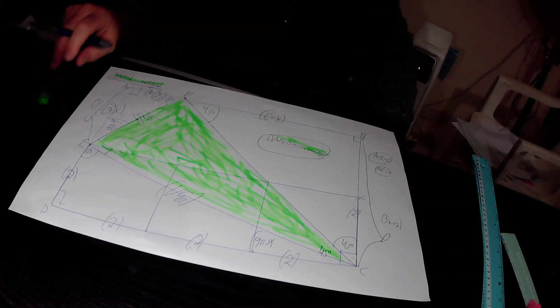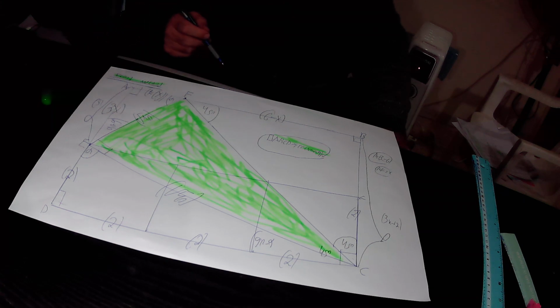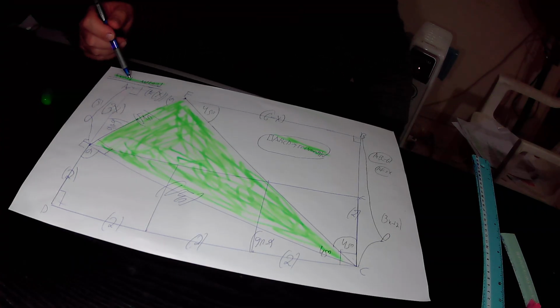In the next step, we apply the Pythagoras theorem on this right triangle AFE. According to the Pythagoras theorem, FE squared equals AF squared plus AE squared. AF is 1, so AF squared is 1 squared, that is 1, plus AE squared. AE is 3, so AE squared is 3 squared.